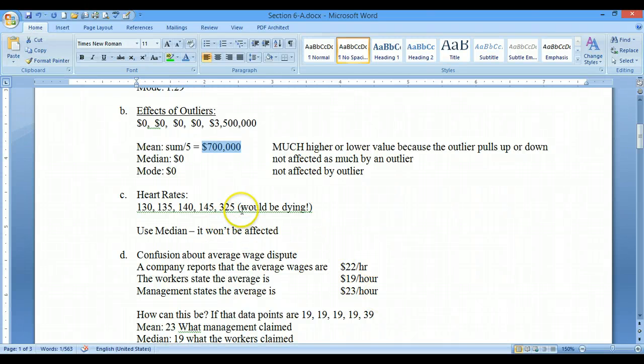Well, if I did my mean, this 325, by the way, is totally ridiculous and probably a mistake, I'm guessing a mechanical error or electronic error. So I wouldn't use the mean to characterize the middle of this data. I would probably use the median because there's not a mode here, so I would just go to the middle number of 140.